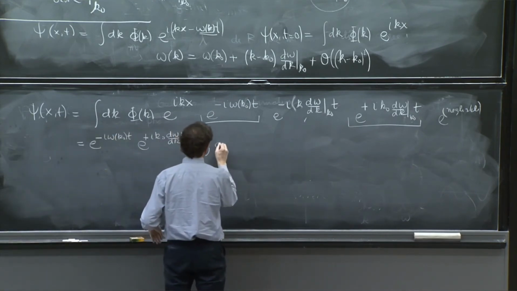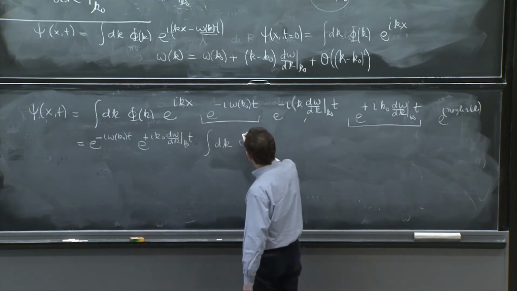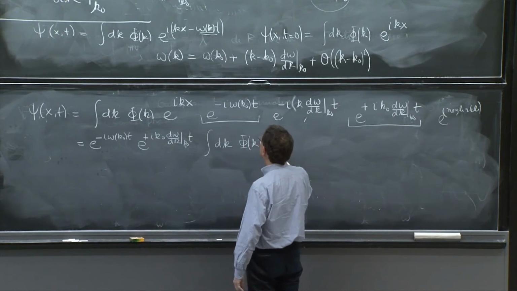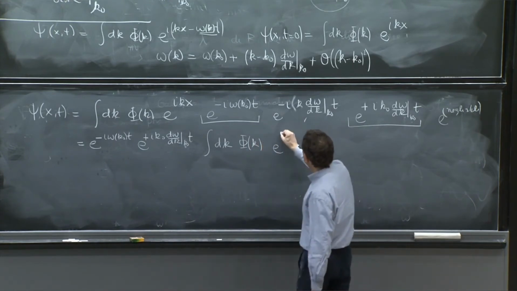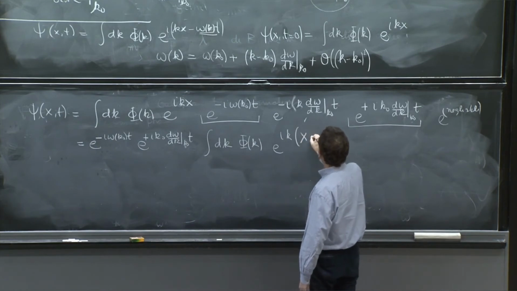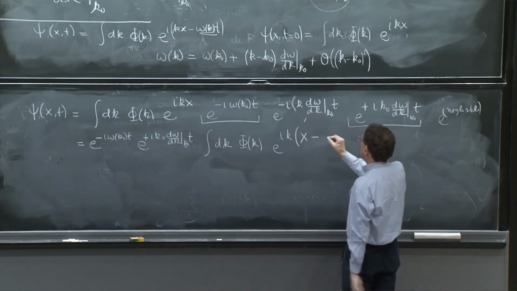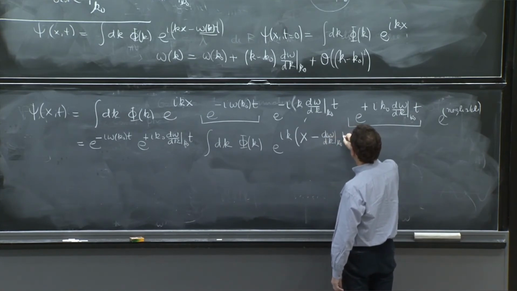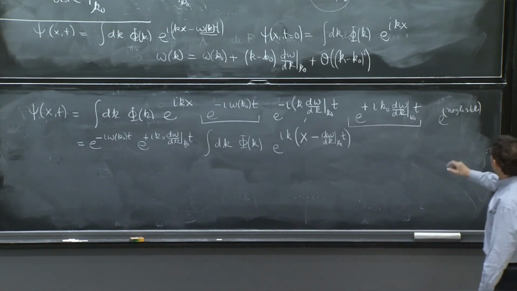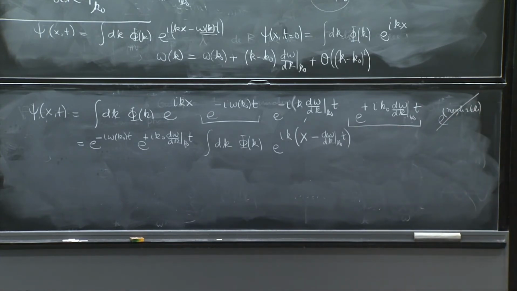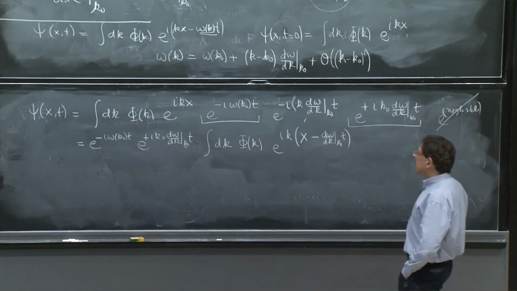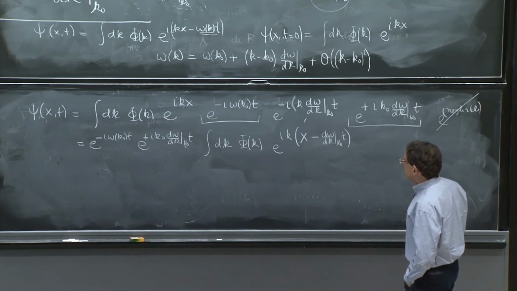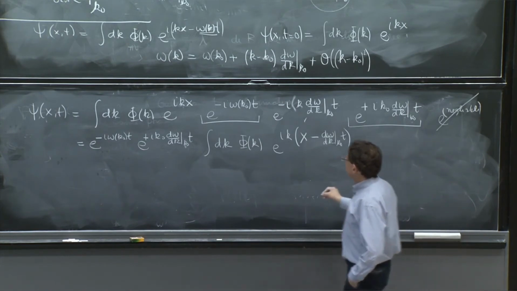Not bad. dk, and now I can put phi of k e to the i k (x minus these two exponentials, d omega dk at k naught times t). And I ignore this. So far, so good. For this kind of wave, we already get a very nice result because look at this thing.